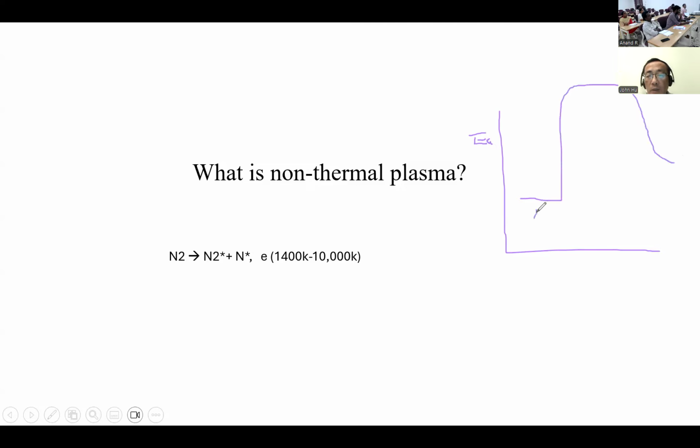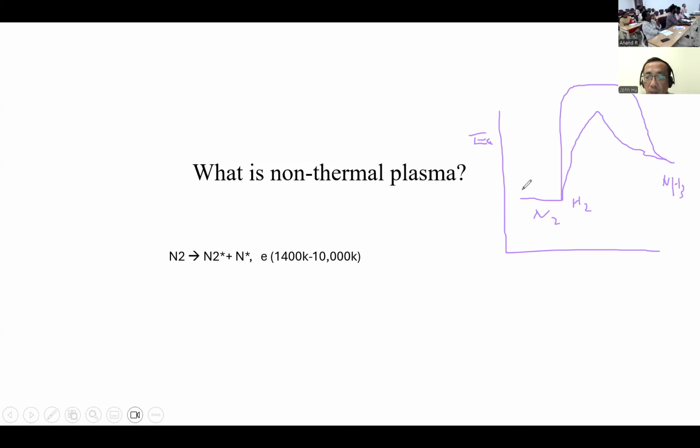So this is N2 and H2, and then you end up with NH3. Without catalyst, you have to overcome the hurdle. With the catalyst, your starting point and end point are the same, thermodynamically. But kinetically, you have to overcome the barrier here. That's why you need a temperature.